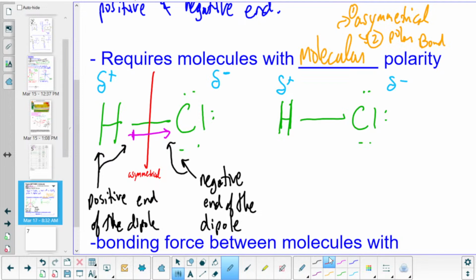They will attract. If you take two magnets, they can repel, but the magnet will quickly flip and then attract. So I've drawn it so the positives and negatives are together, and you have this attraction.